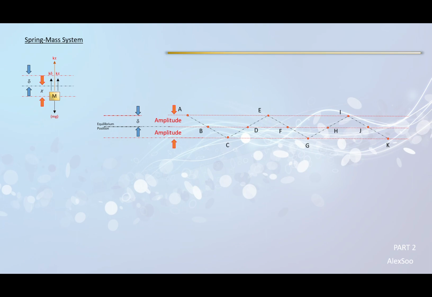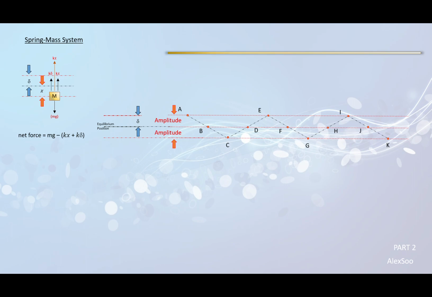As you can see, we have upward forces of k delta and kx, and a downward force of mg. The initial deformation of the spring is delta, then it becomes delta plus x. Newton's second law says that the net force is equal to the product of the mass and acceleration.